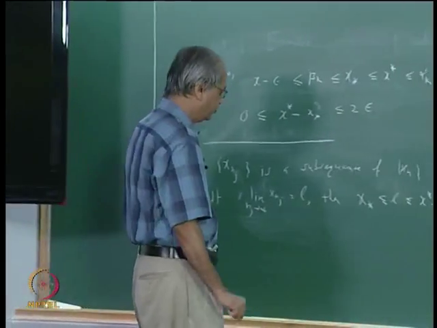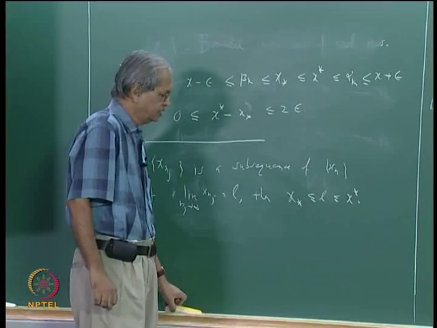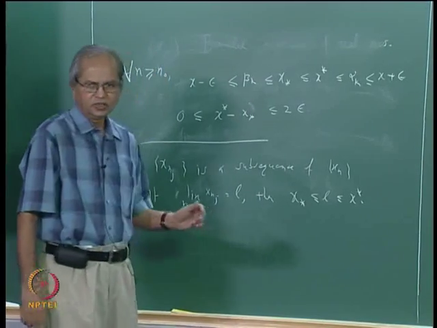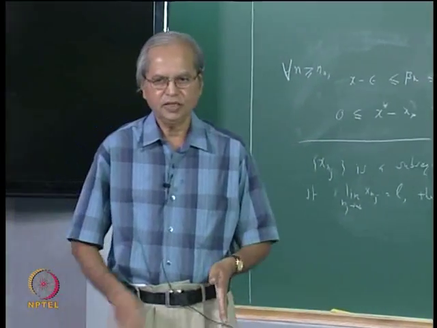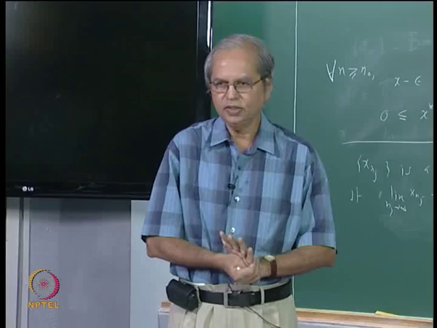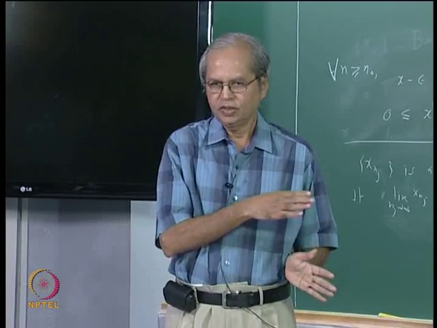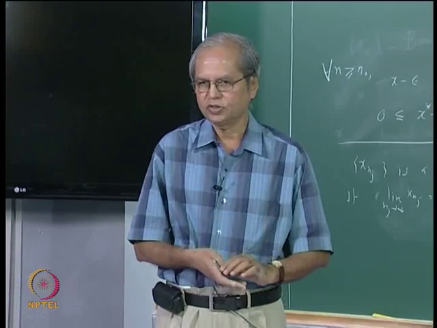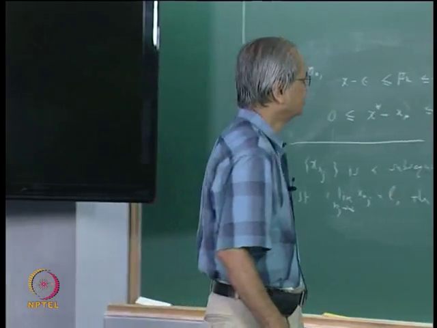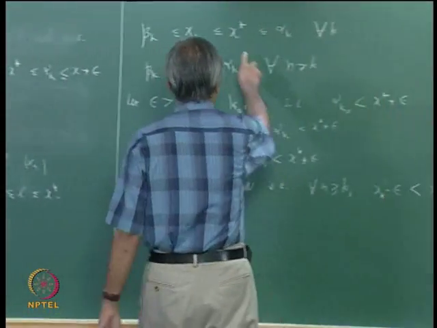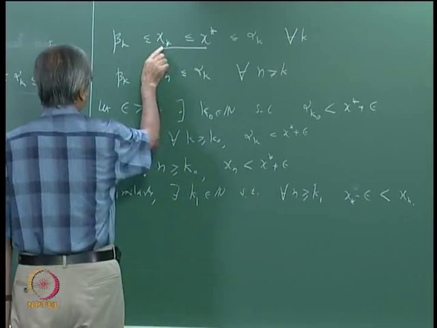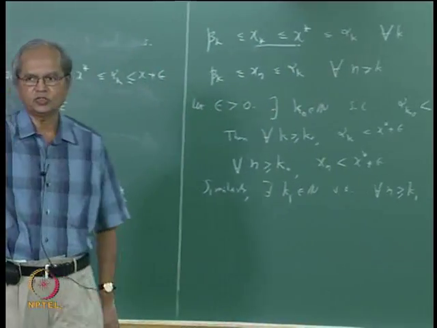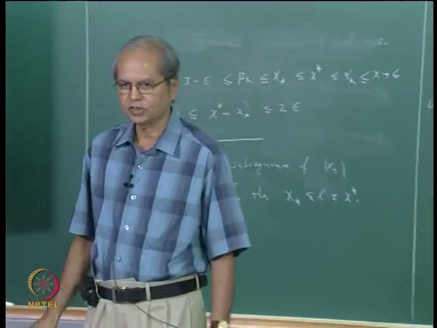We can also observe one more thing, and that is the following. If you take any subsequence of a sequence and that subsequence is convergent, then its limit must lie between limit inferior of the sequence and limit superior of the sequence. So if you take this interval from x_star to x^star, limits of all convergent subsequences must lie in that.